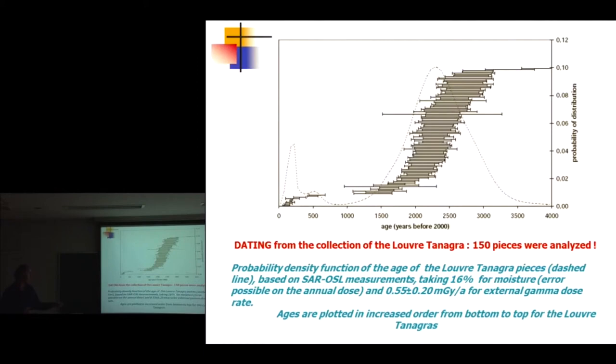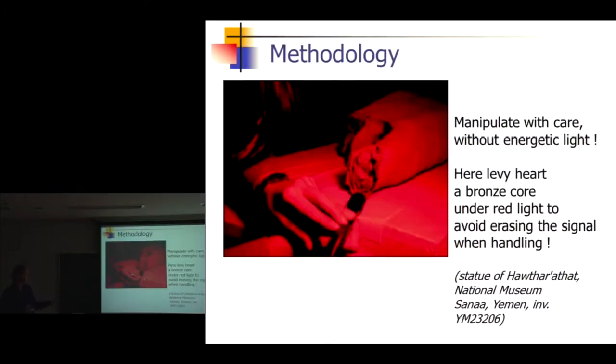Of course, there is an uncertainty of the age because of the moisture and the evolution of the Tanagra within the age. So it's difficult to have a precise age. So there is uncertainty, which is quite big, something like 500 years. But you see, definitely we can say these ones are authentic and these ones are false Tanagra.